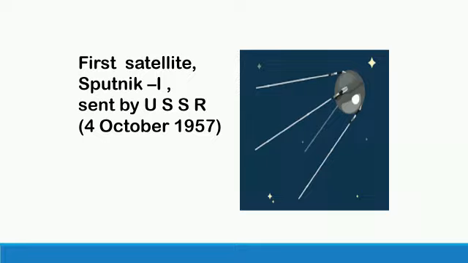Look at the picture. This is the first man-made satellite. The first man-made satellite was Sputnik 1. It was sent into space by the USSR on 4th October 1957. Since then, many countries have sent their satellites into space.